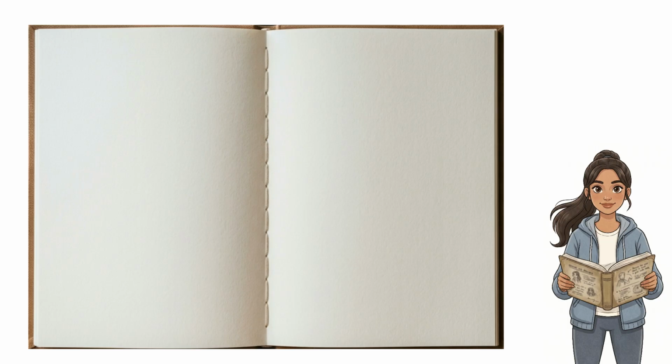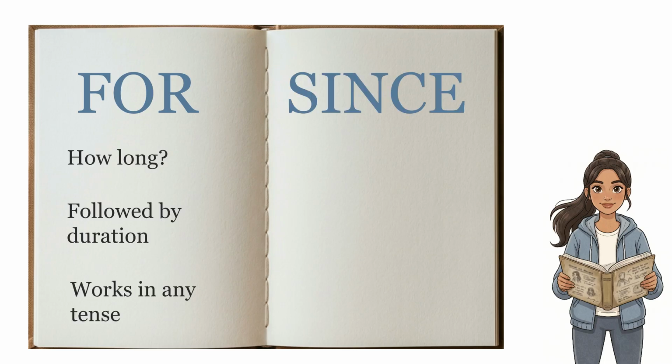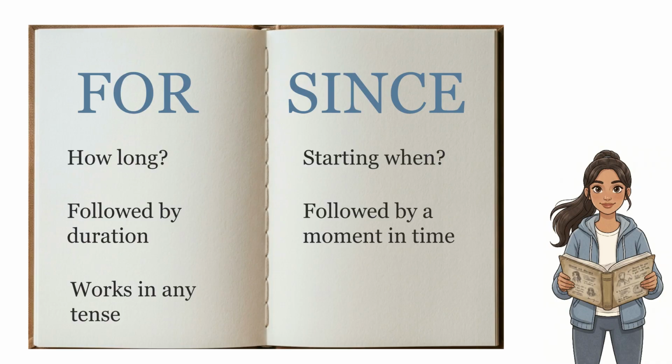Good. Let's close with the rule one final time. For equals how long? It is followed by a duration. It works in any tense. Since equals when it started. It is followed by a moment in time. It almost always uses present perfect. Both words describe something that began in the past.